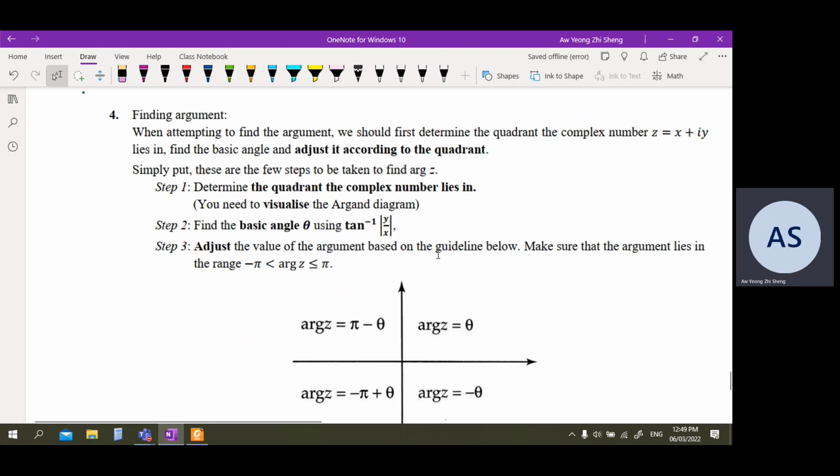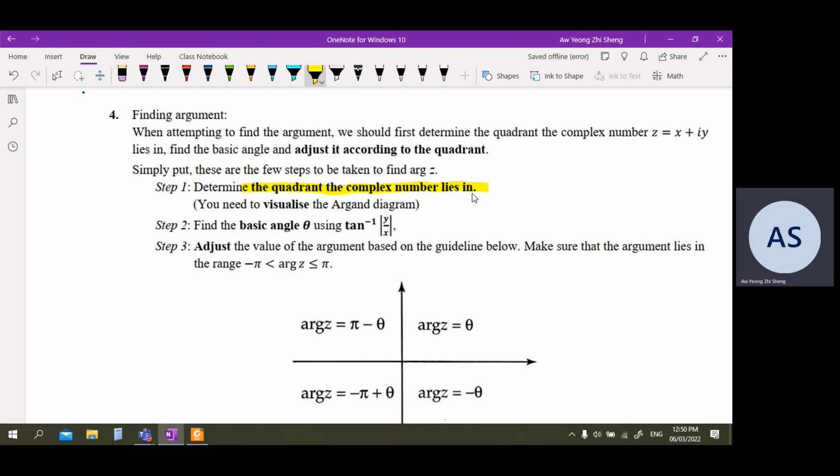In other words, it is important to visualize the Argand diagram in your mind. It is not a must to draw out the Argand diagram, but you must have the visualization of the diagram in your mind. You should first figure out which quadrant the point lies in. That's step number one: determine the quadrant the complex number lies in.